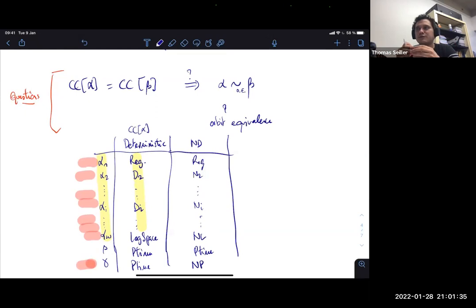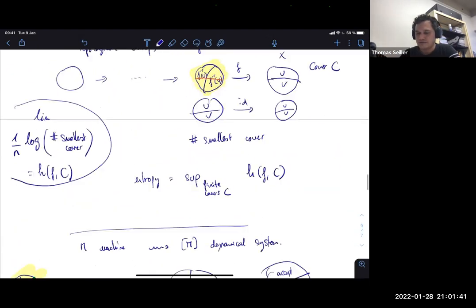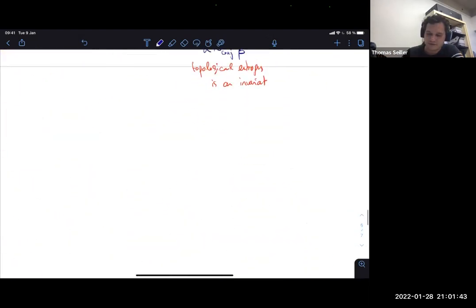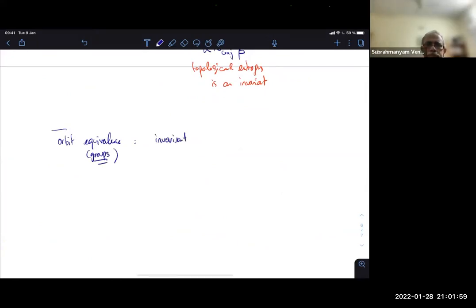Mathematicians have developed invariants for these, and so we know how to separate some actions. For the orbit equivalence, for groups, and here you need groups, there are known invariants.